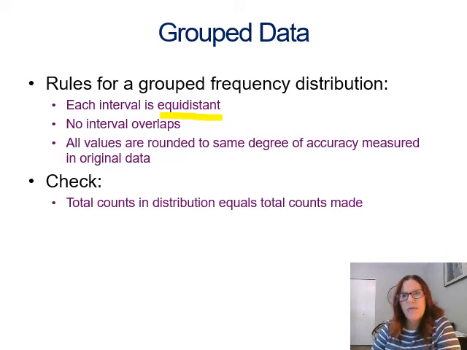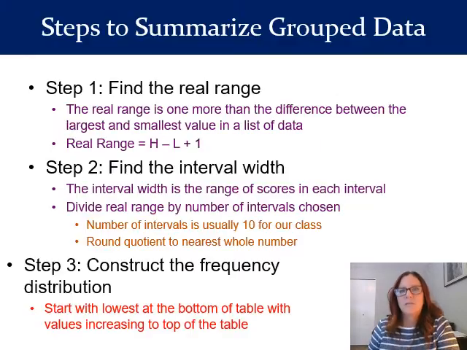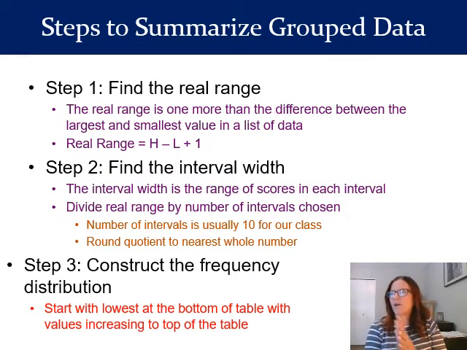And so then always to check to see if you have counted or if you've done things correct, the frequency column, when you add that up, it should equal the original amount of data that you collected or that was used.